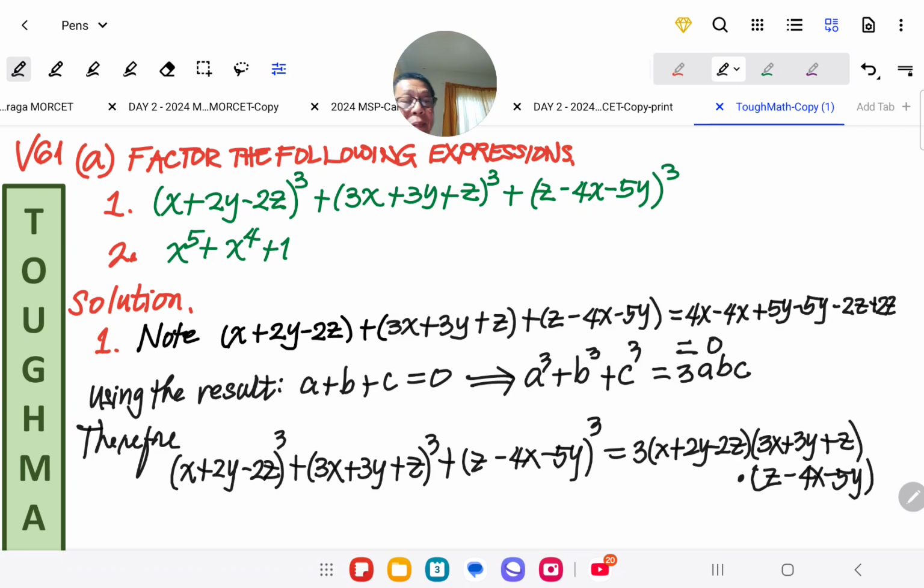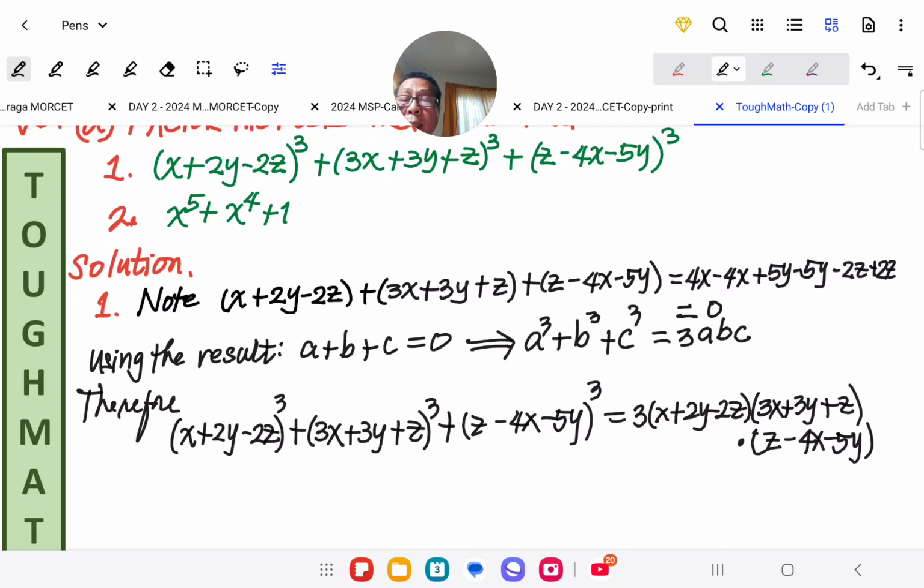So that is the factoring of the given expression using the result that we have learned in a previous video.